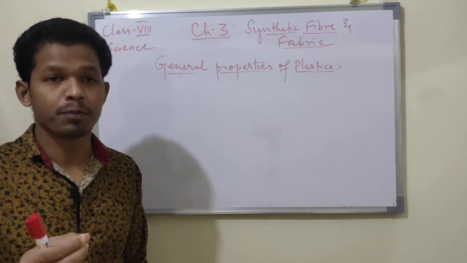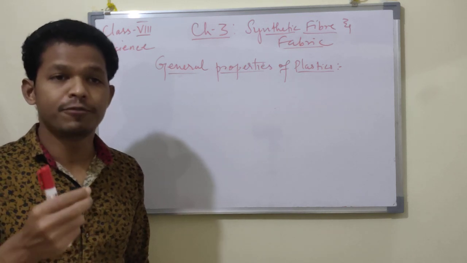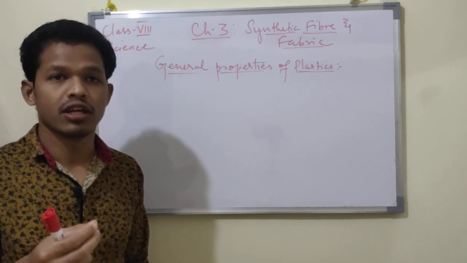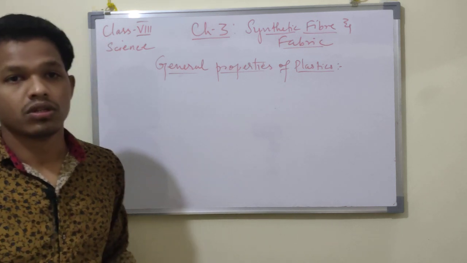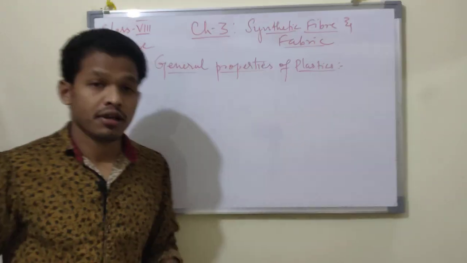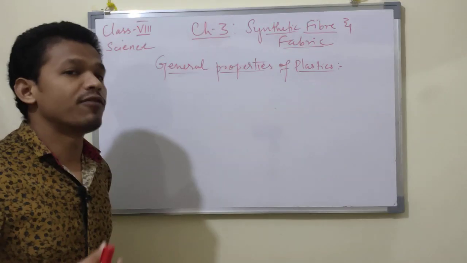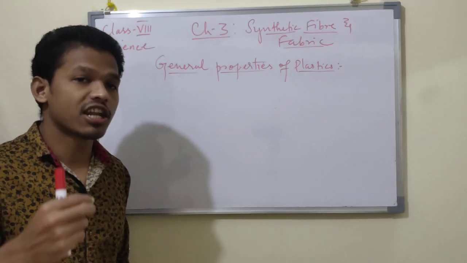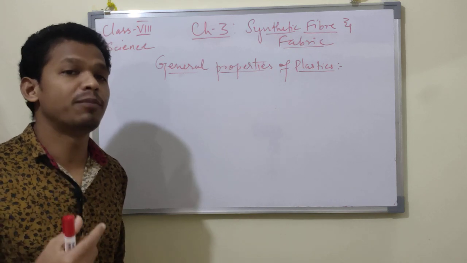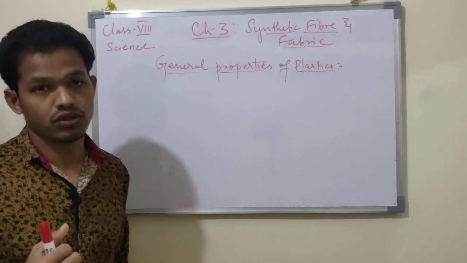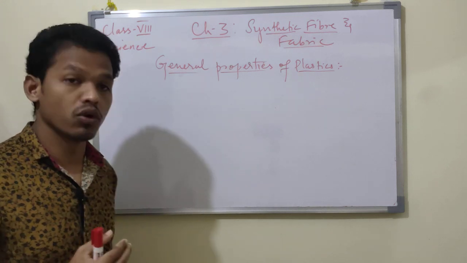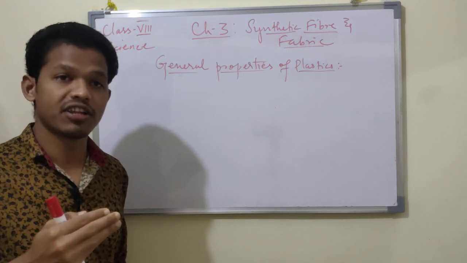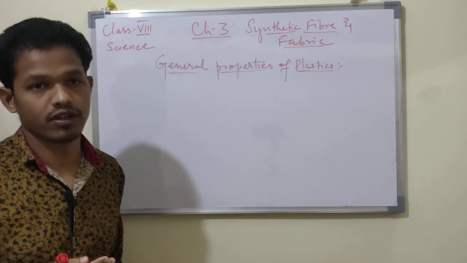Every material, if you see, is made up of plastics. So we can say plastics are used in a wide range of applications. Plastics are found everywhere. So why is it used? We will come to know why plastics are so important in our day-to-day life.